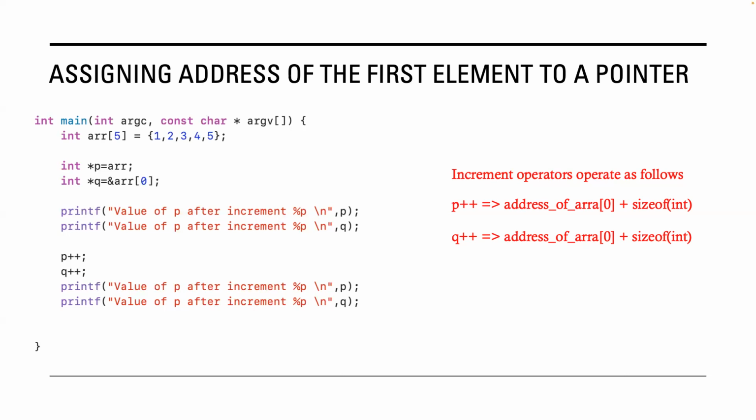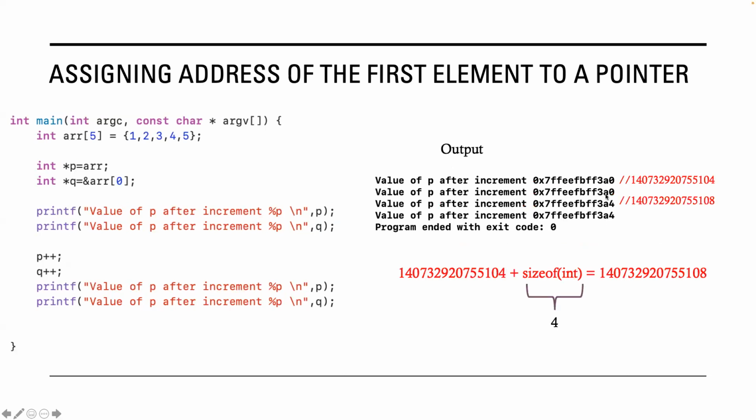So here you can see that I'm printing the P and Q values before operating the increment operator. Initially we get this value.